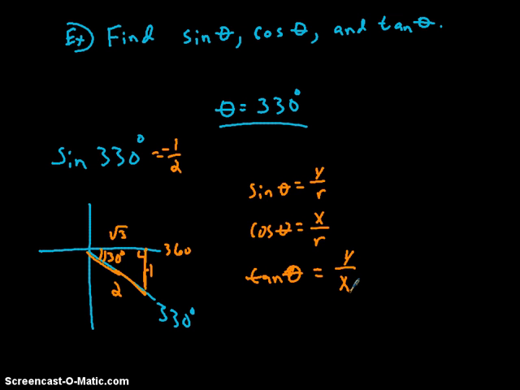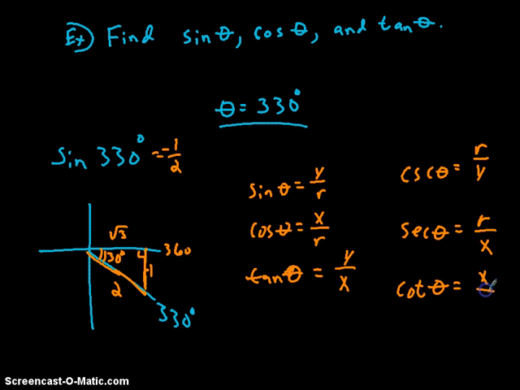And for that matter, cosecant is r over y, because it's the reciprocal of sine, and secant is r over x. Cotangent is x over y. So that's an old note you have, and it's useful.